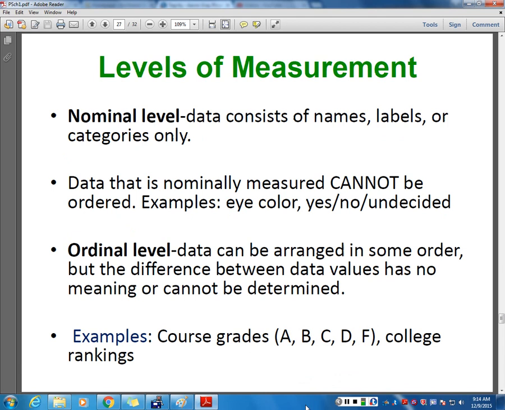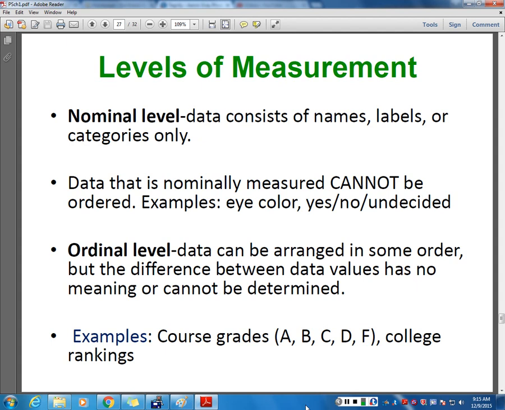There are two levels of measurement that are associated with categorical data. The nominal level of data consists of names, labels, or categories only. That's all that you can gather from the data. Data that is nominally measured cannot be ordered, or at least put into any sort of meaningful inherent order.